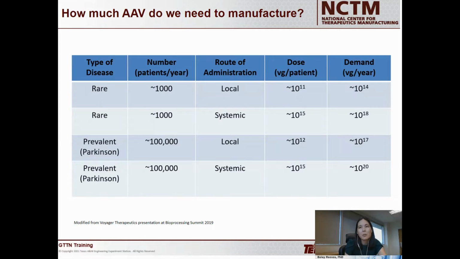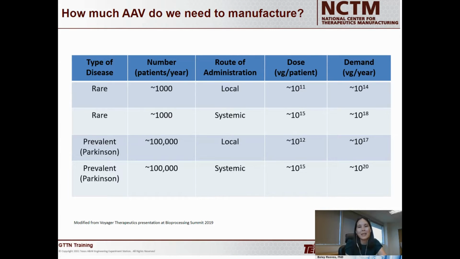Another thing that's going to be important when you're determining the scale of your facility is the disease that you are targeting. Some of the diseases in the gene therapy space are rare diseases, and there are less than 1,000 patients that are going to be treated per year. Obviously, in those situations, you don't need a huge facility that's running 24/7.